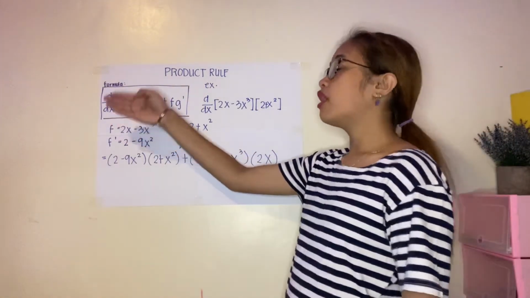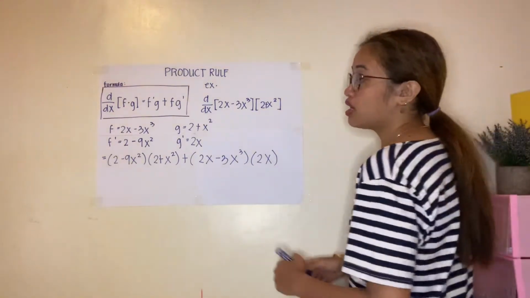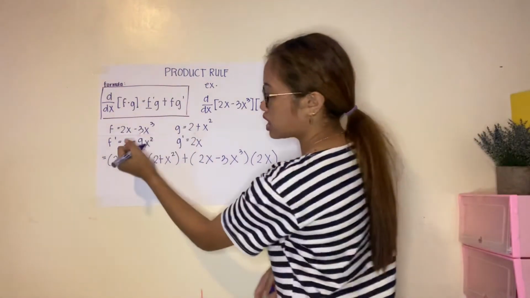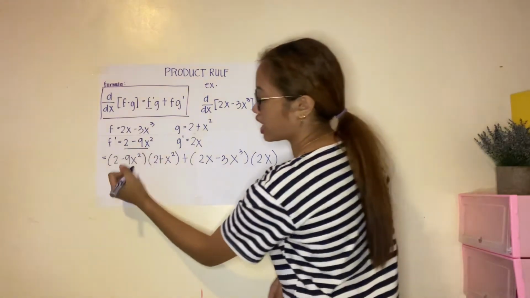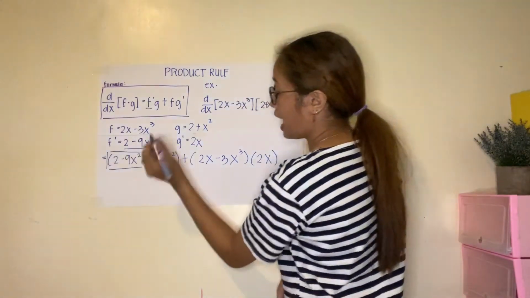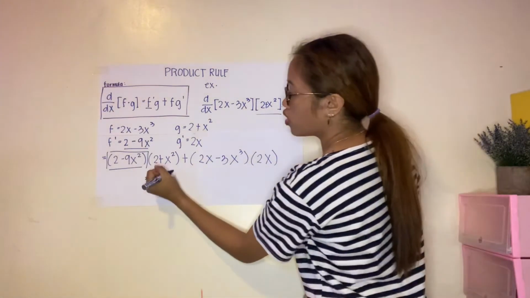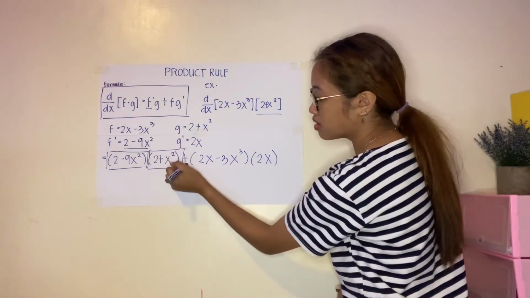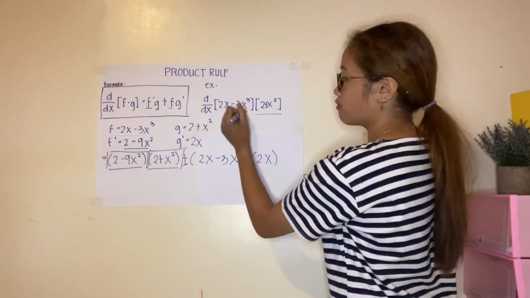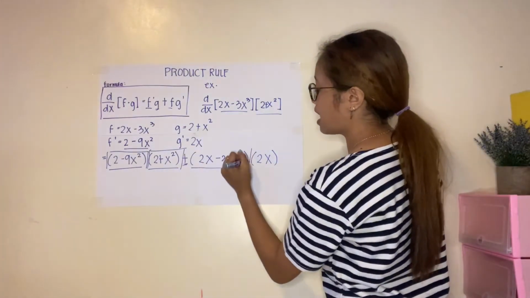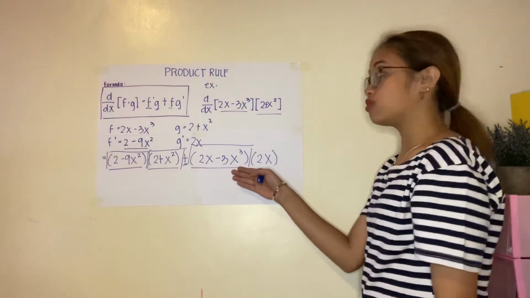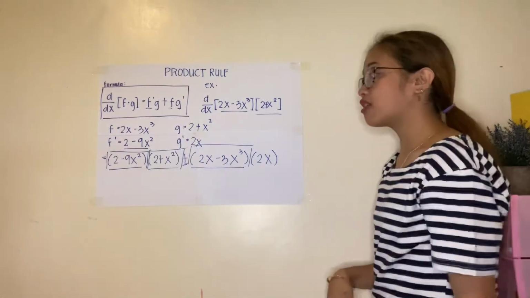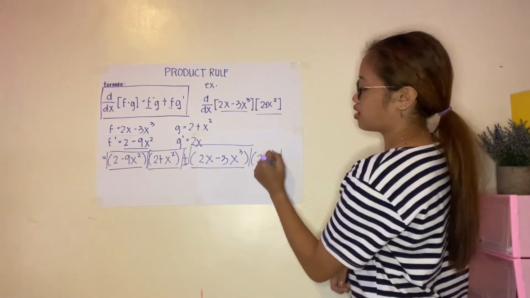So the derivative of f times g would be the derivative of f, which is 2 minus 9x squared, and g, which is 2 plus x squared, plus f, which is 2x minus 3x cubed, and the derivative of g, which is 2x.